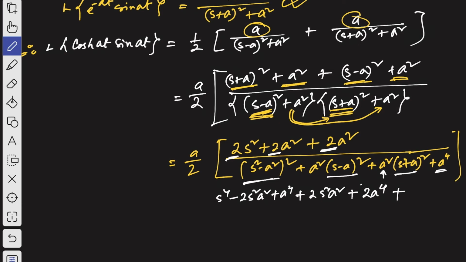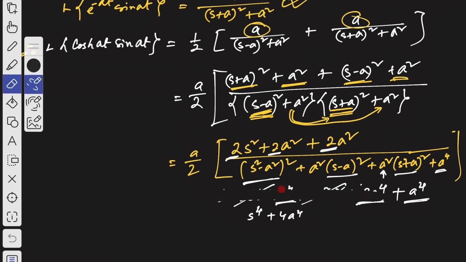And plus we have a to the power 4. So here you see this term will be cancelling each other. Then a to the power 4, twice a to the power 4, 3a to the power 4, plus again a to the power 4, 4a to the power 4. So finally we will get as a denominator s to the power 4 plus 4a to the power 4. That's what we will get as a denominator.